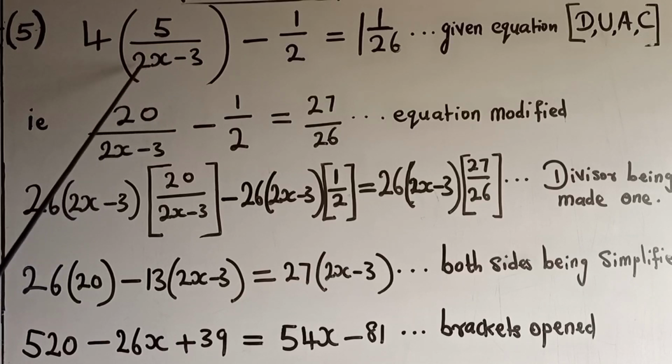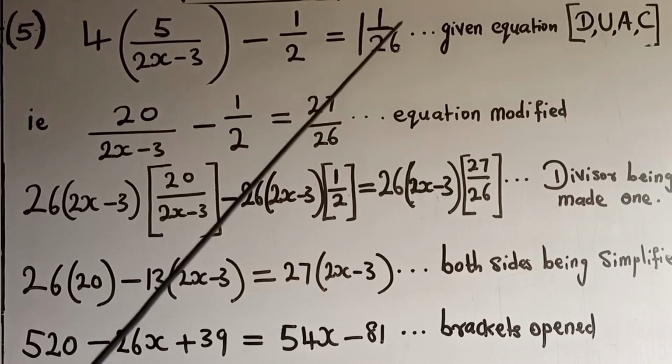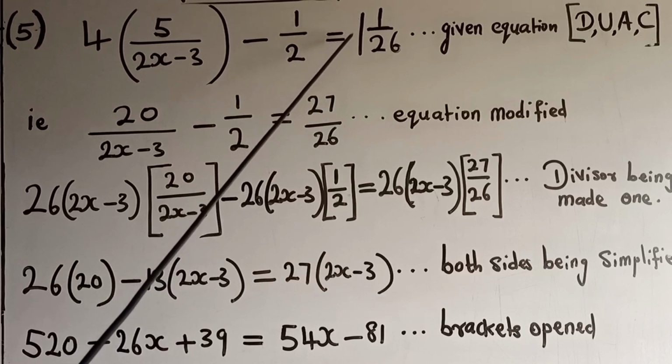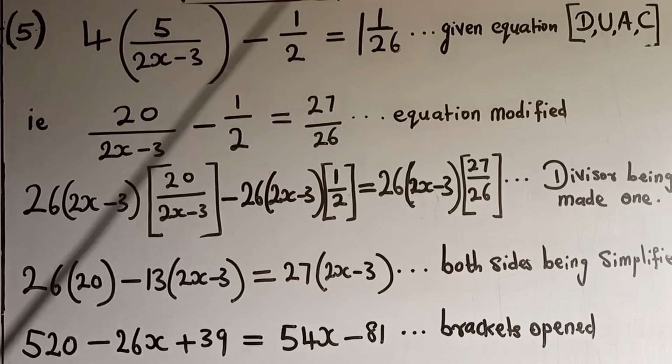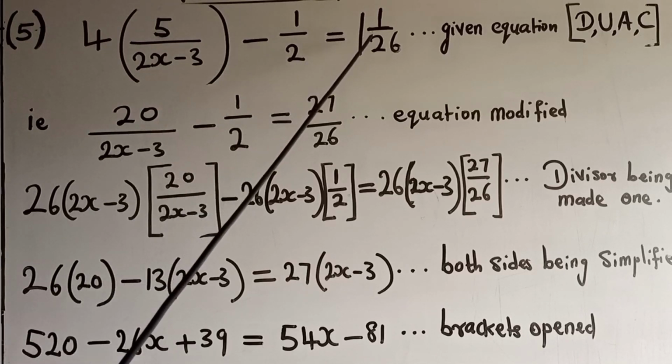And this 2x minus 3 is not going to be seen as having an obstacle. But this 26 as one whole number, 1 over 26, will not be easy to be treated when it comes to making divisors 1, because this 1 here is one whole number.